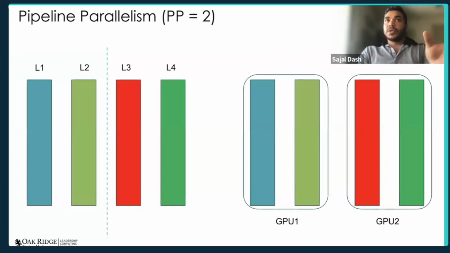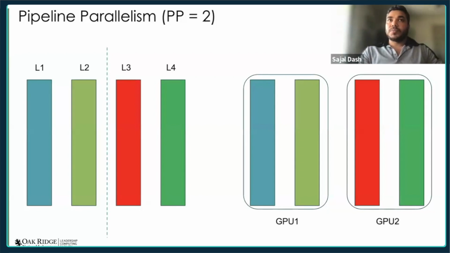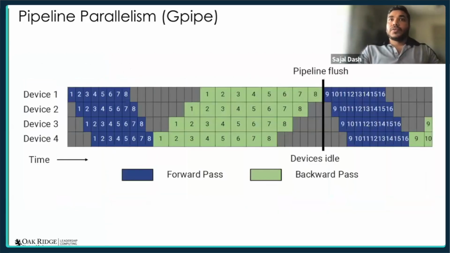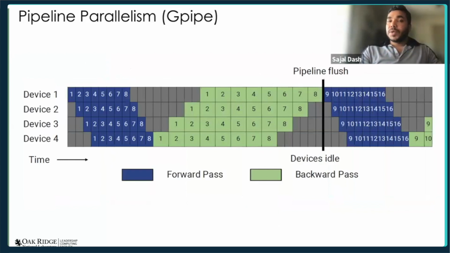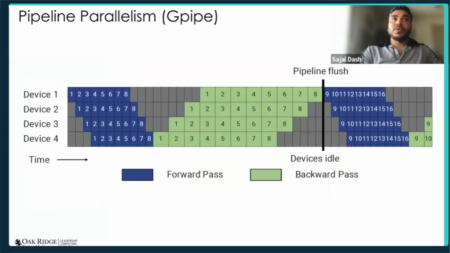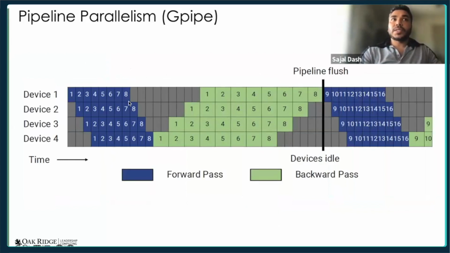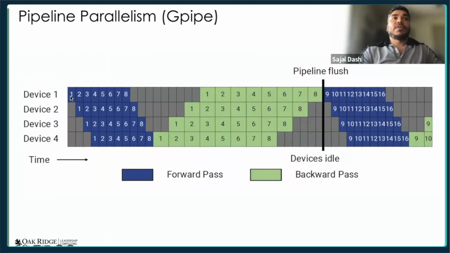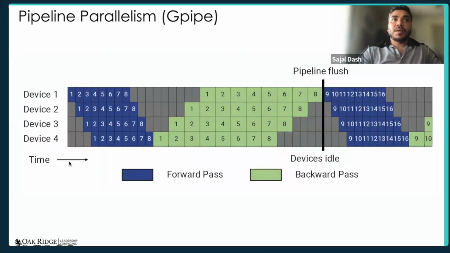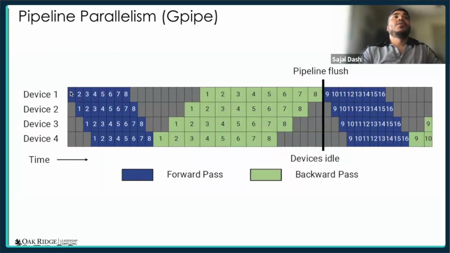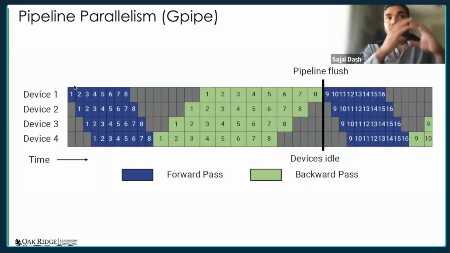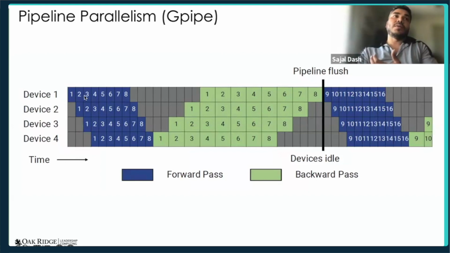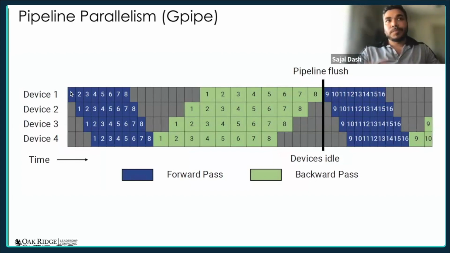Then you break down your batch into micro batches and pass the micro batches through one at a time. This is the method that GPipe by Google uses. You break a single batch into 8 micro batches, and you have, let's say, 4 devices hosting 4 pipeline stages. The first micro batch goes to device 1, and at that time, the other devices or pipeline stages are idle. But once it moves on, device 1 is ready to process micro batch 2, and at this time, device 2 is ready to process micro batch 1.